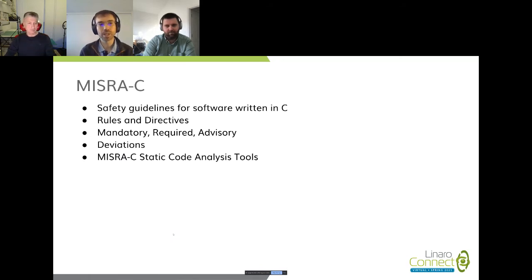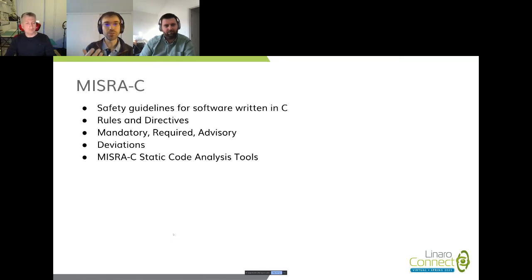Rules and directives together are divided into three categories: mandatory, required, and advisory. Mandatory are rules and directives that have to be complied with. Required are rules and directives that have to be complied with unless there is a deviation. Advisory are less formal and are more good practice rules. So what is a deviation?